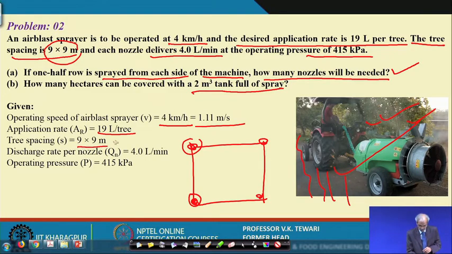Then the tree spacing, the discharge per nozzle and the operating pressure are given. Once you have these details, you use them in the formulae and expressions that you know for finding the number of nozzles required, the spacing of nozzles, pressure, etc.